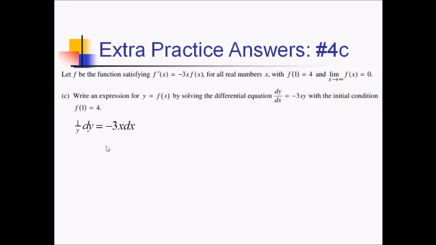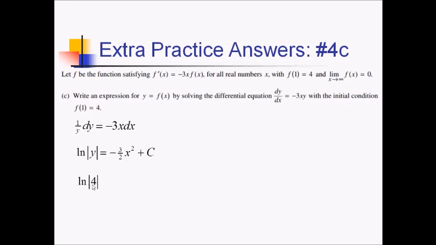Now I take the antiderivative of each side. On the left side, we've got ln absolute value of y. On the right side, this bumps up to a 2 for the exponent. Dividing by that, we've got negative 3 halves x squared plus c. Now I'm going to use my initial condition, 1 comma 4, to figure out what my c value is. So on the left side, I've got ln absolute value of 4.